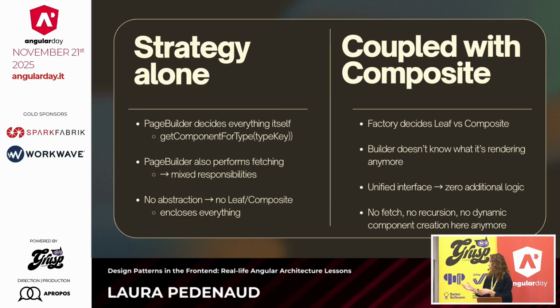But coupled with the composite component, the factory decides leaf versus component, and so the builder doesn't know what it's rendering anymore. So this is a cleaner way to implement it. And then we have also a unified interface, so zero additional logic. No fetch, no recursion, no dynamic component creation in the builder anymore.